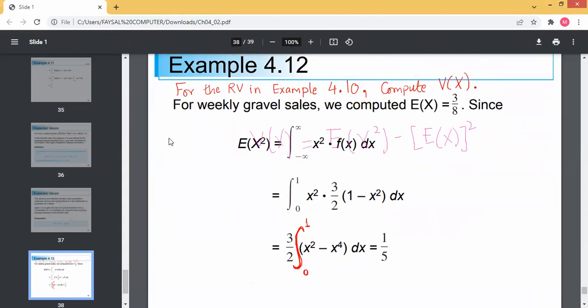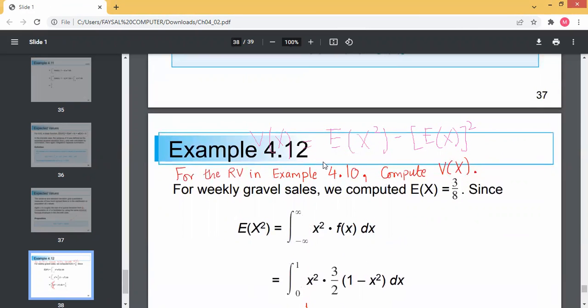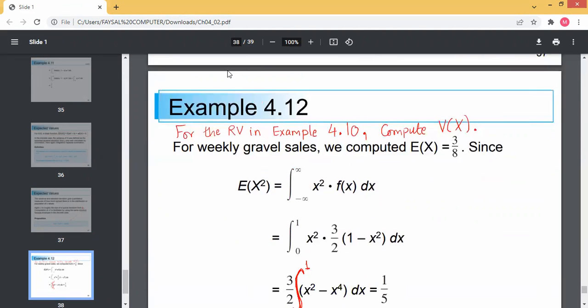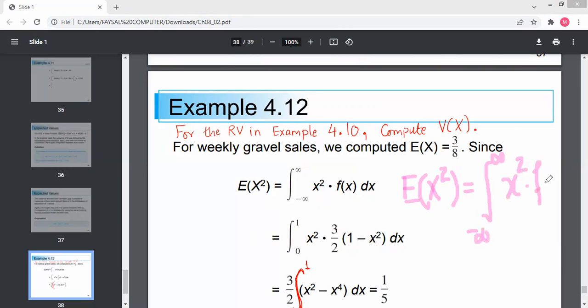So first thing is we have to find the value of E of x square. I have to write here that E of x square is the integral from negative infinity to positive infinity of x square f of x d of x. This is the general formula to find E of x square.